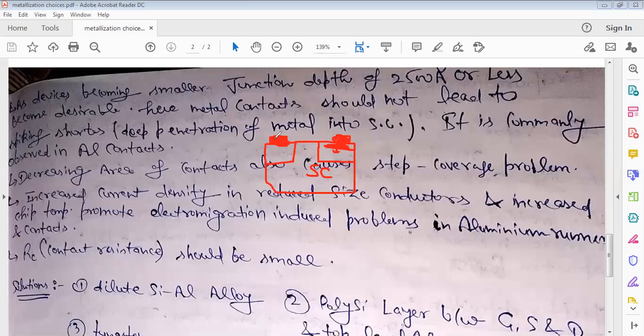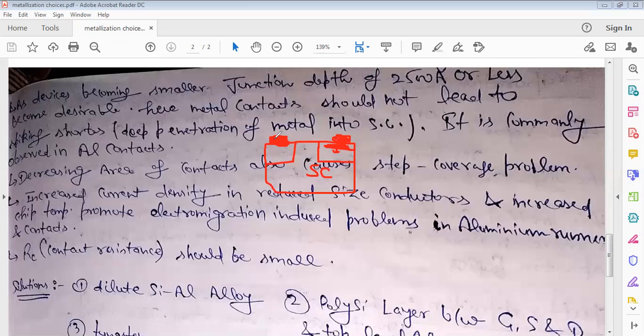If the size of conductors is decreased, the dimensions are decreased, so the current density is increased, and increased chip temperature promotes electromigration problems in aluminium rather than contacts. So these are the problems if we use aluminium.